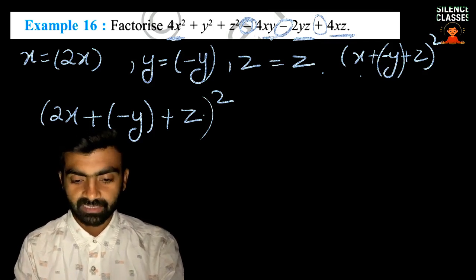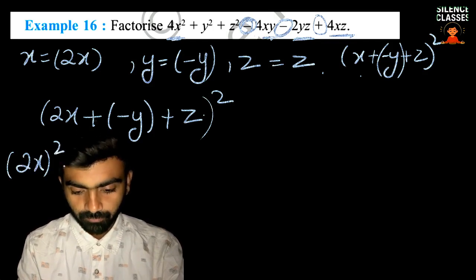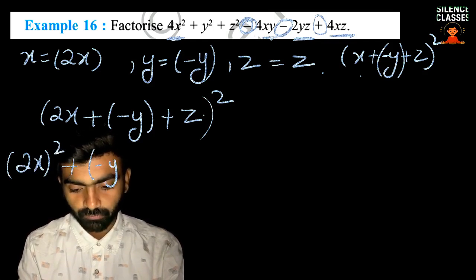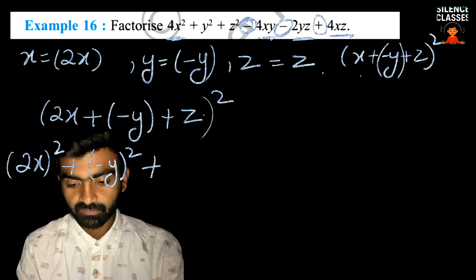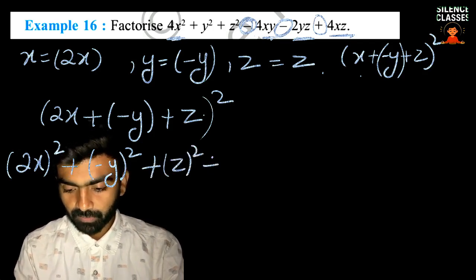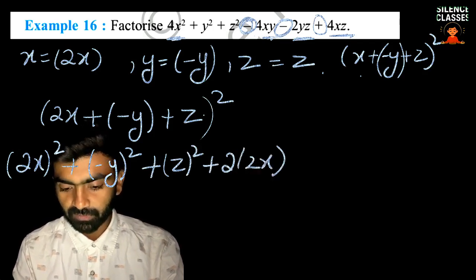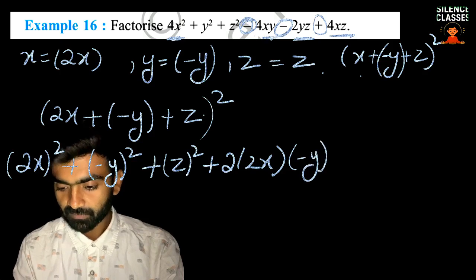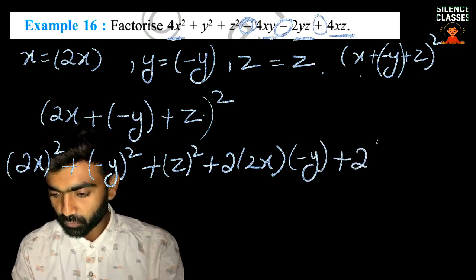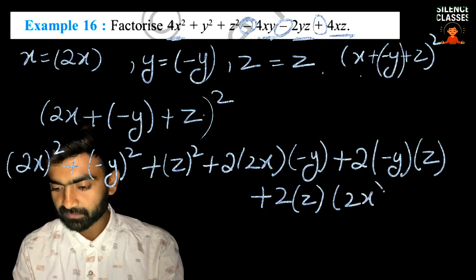So now let's open the bracket. We will get a square, meaning 2x whole square, plus b square, meaning minus y whole square, plus c square, z whole square, plus 2ab, where a is 2x and b is minus y, plus 2bc, minus y and z, plus 2ca, z and 2x.